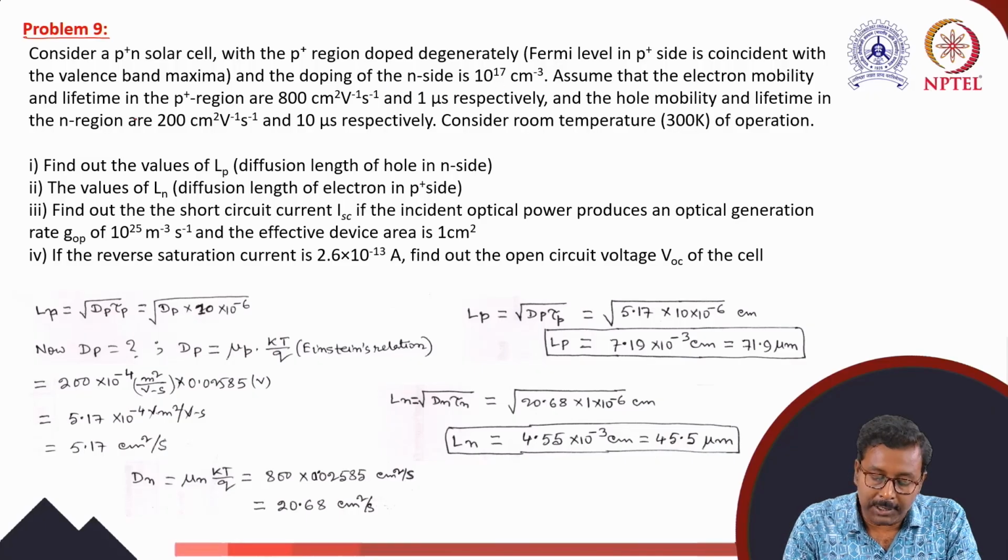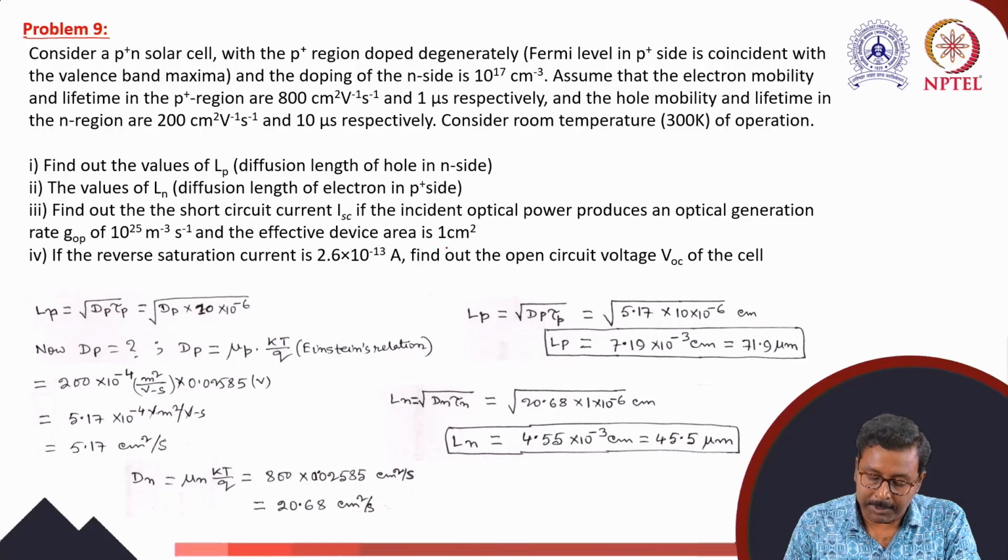Assume that the electron mobility and lifetime in the P region are 800 centimeter square per volt per second and 1 microsecond respectively, and the hole mobility and lifetime in N region are 200 centimeter square per volt per second and 10 microsecond respectively. Consider room temperature of operation. Find out the values of Lp, diffusion length of hole in N side, and Ln, diffusion length of electron in P side. Find out the short circuit current ISC if the incident optical power produces an optical generation rate of 10 to the power 25 per meter cube per second.